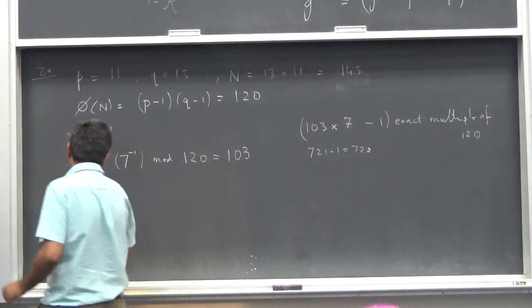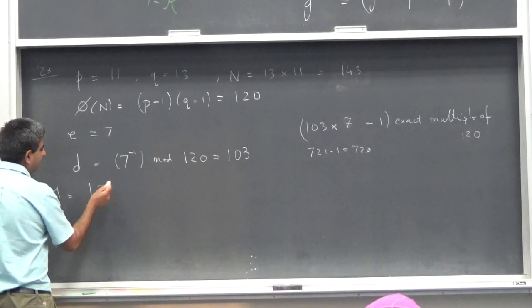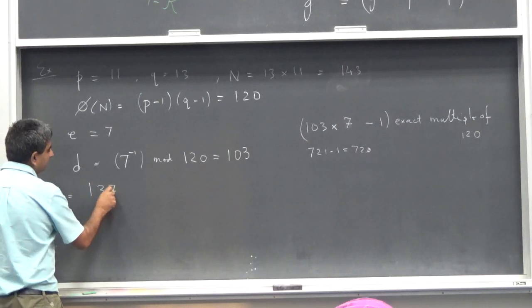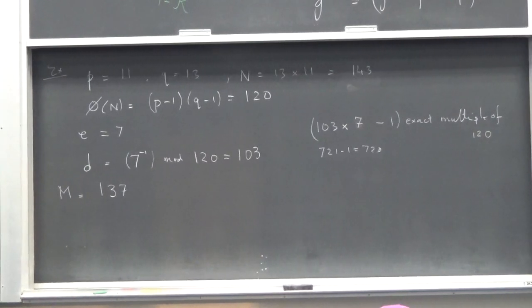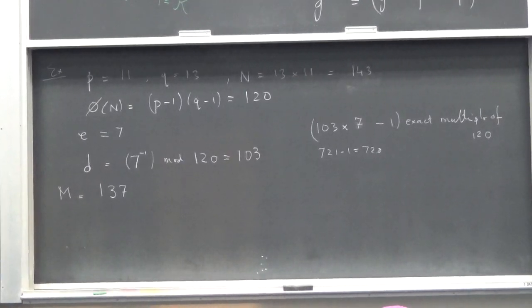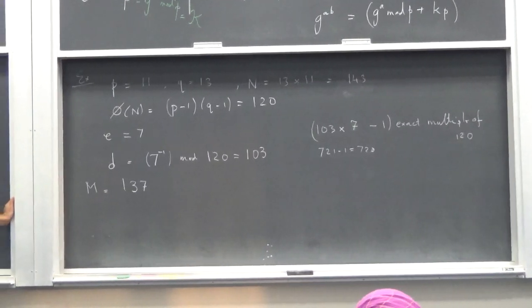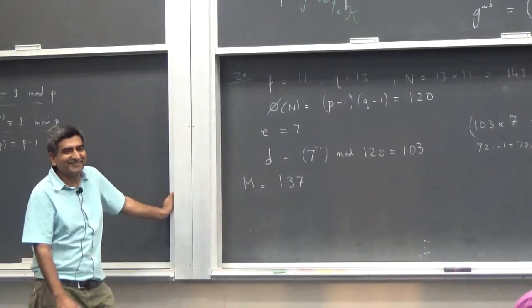Suppose she wants to send out a message 137. So she has the lazy fox is jumping over the bushes, and she converts this to a number 137.